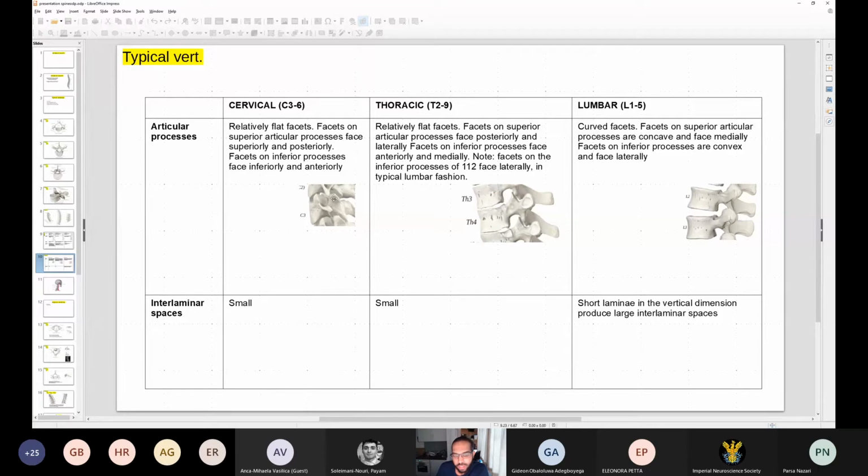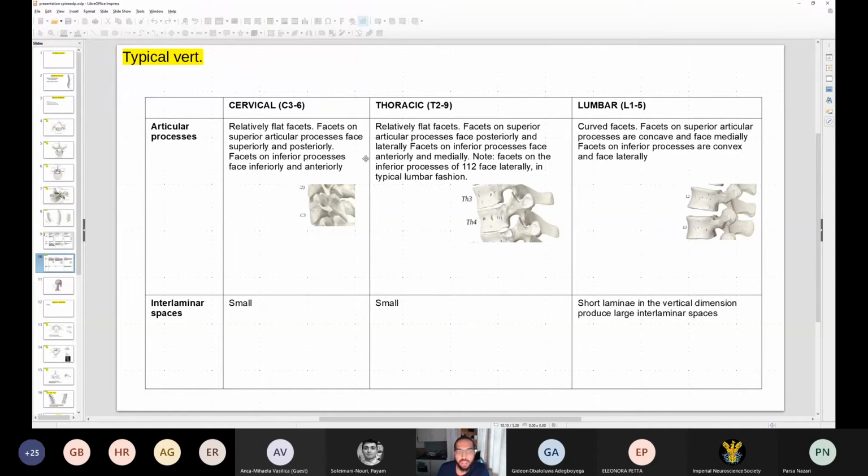So let's look at the superior articular facet in here. It's pointing superiorly and posteriorly, so the net direction is somewhere around there, right? It's maybe 50 degrees, pointing mainly up.